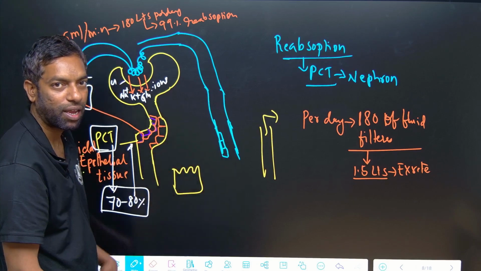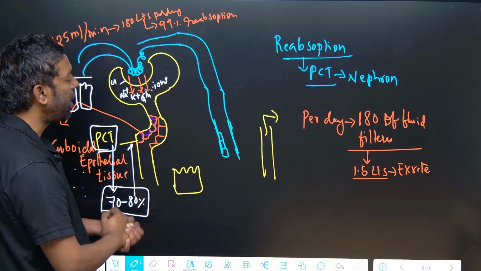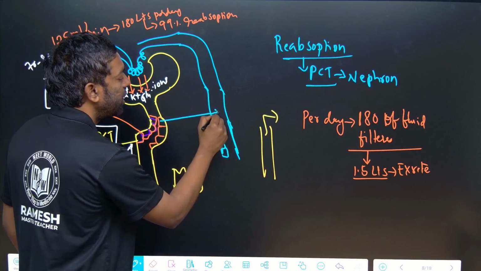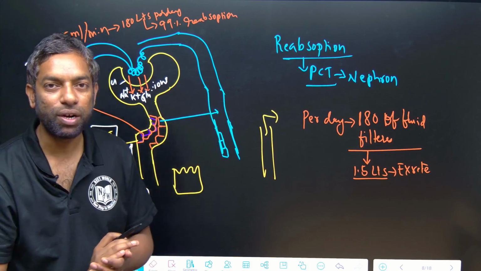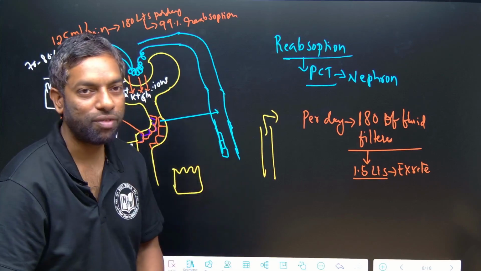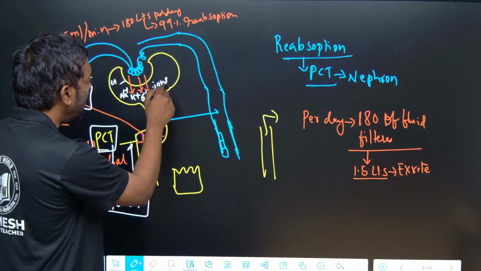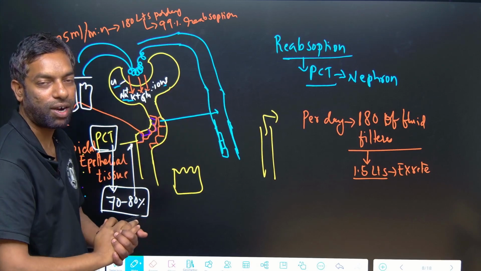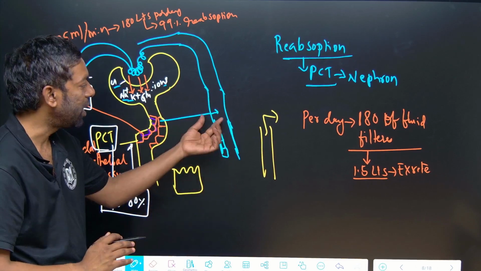The blood capillary. Reabsorption takes place from the PCT into the blood, meaning into the capillary, from the lumen of the nephron. These ions, potassium, sodium, the kinds of ions we require, are reabsorbed again into the capillary.